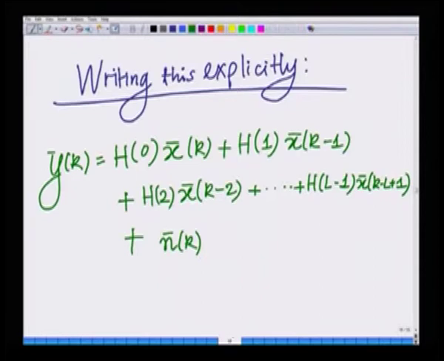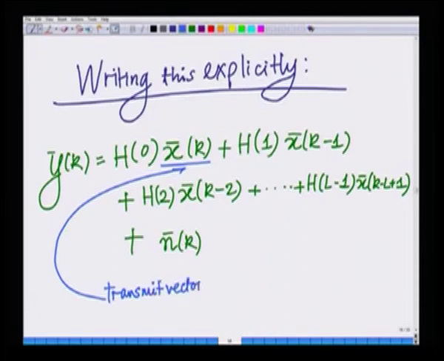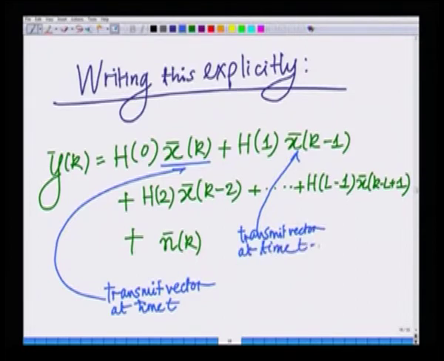Here x bar of k is the transmit vector at time k, x bar k minus 1 is the transmit vector at time k minus 1, and x bar k minus L plus 1 is the transmit vector at time k minus L plus 1.